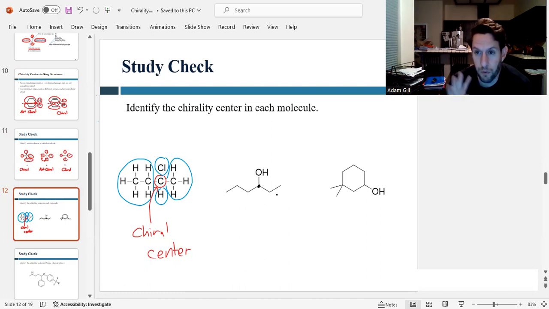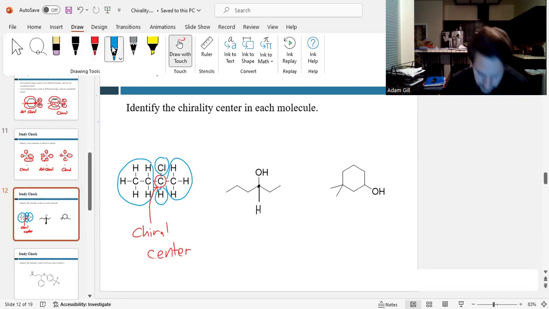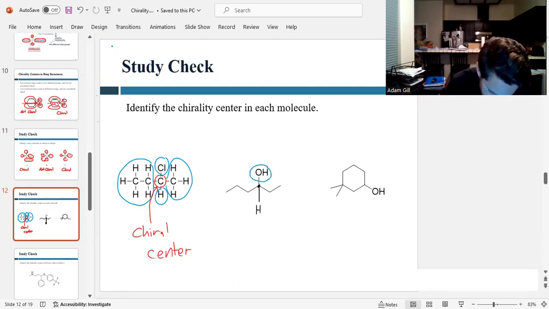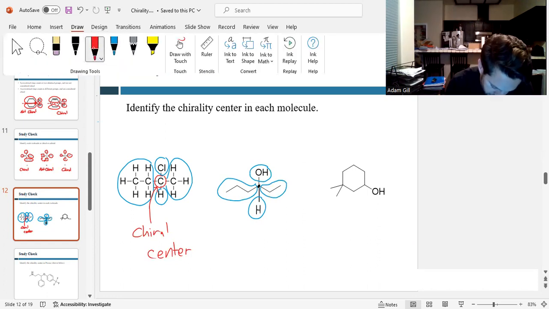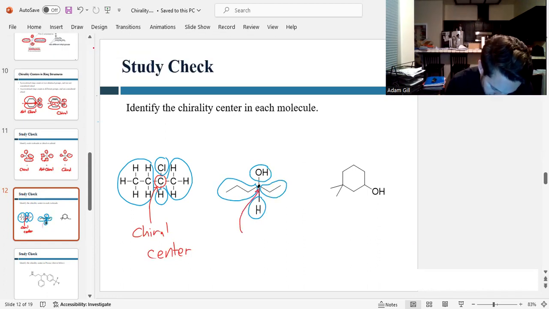Carbon always makes 4 bonds, which means that there's 1 hydrogen attached there that's not shown. So if I was to draw that hydrogen in, now we can look at the 4 different groups. And so it's got an OH, a hydrogen, a propyl, and an ethyl. And so those are 4 different groups, which means that that carbon right there is the chiral center.